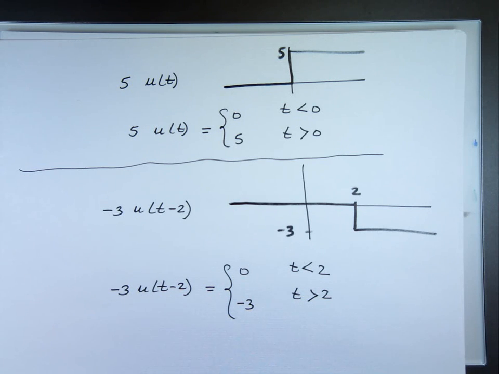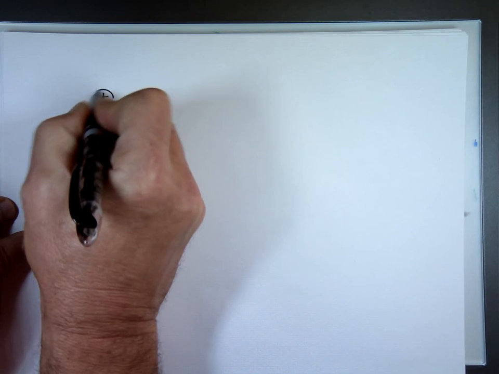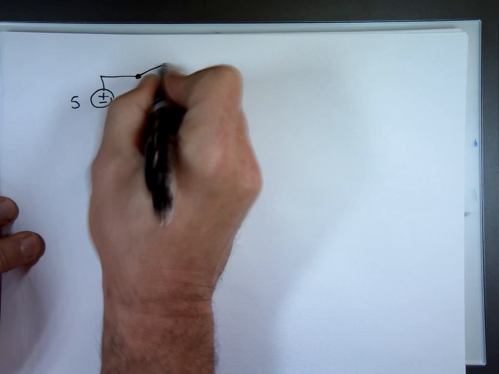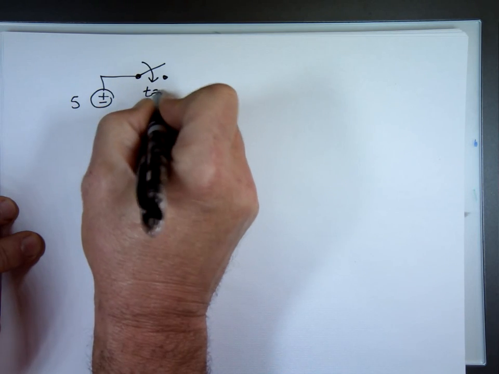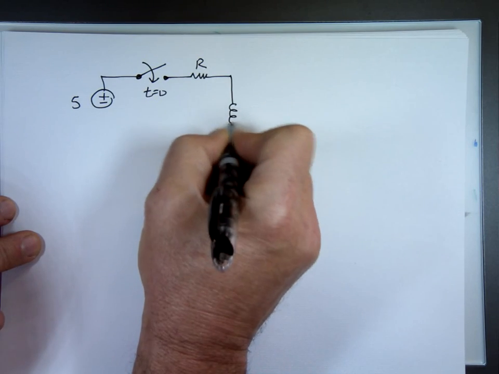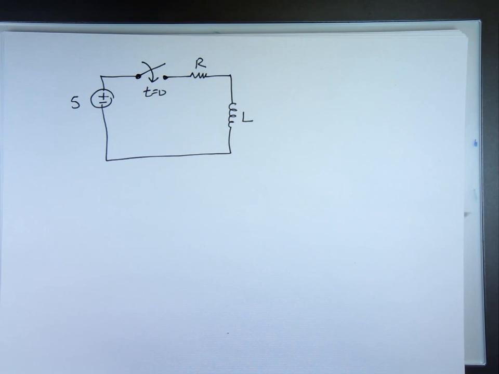So what's the hoopla about this unit step function? Why do we care about it? Let's take this circuit. Let's say I have this circuit, 5 volts, and I'm going to close it at t equals 0, R and L. Yep, that's closing.